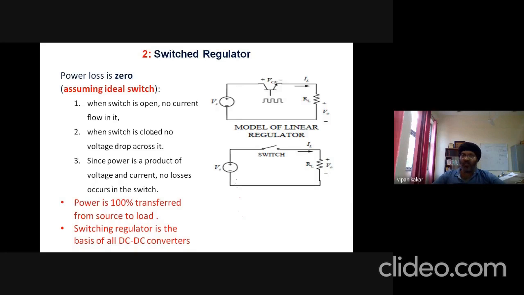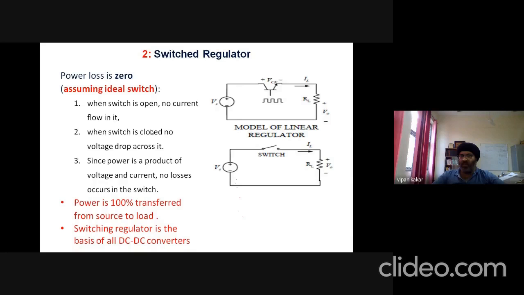So this transistor is working either in saturation or in cutoff region. Now we are not working in the linear region. That is the basic difference between a linear regulator and a switched regulator. In a linear regulator, we operate the switch in the linear region, which always has a voltage drop and a current flowing through it.